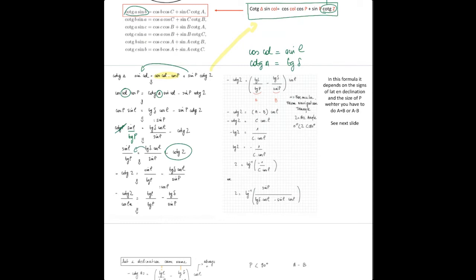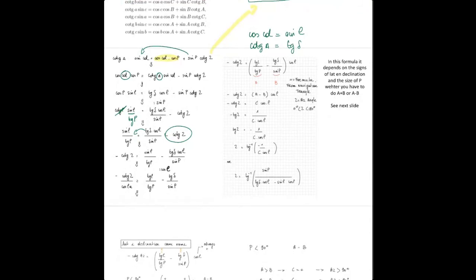So minus cotangent of the azimuth is sine L divided by the tangent of P minus the tangent of the declination multiplied by the cosine of L divided by the sine of P. Then we divide this whole lot by the cosine of L. This is an L, latitude, maybe this is not clear enough.